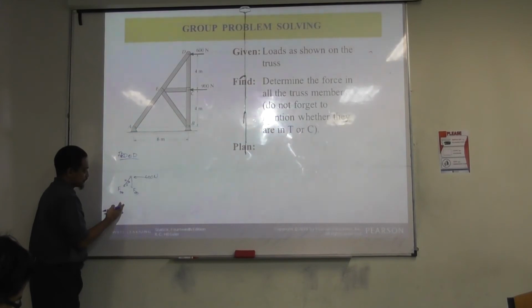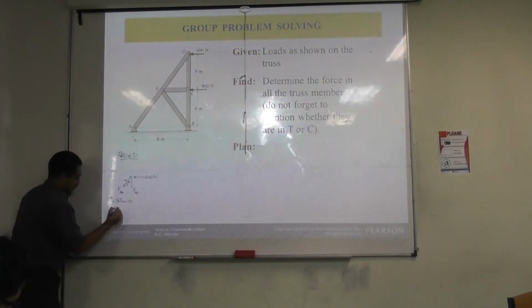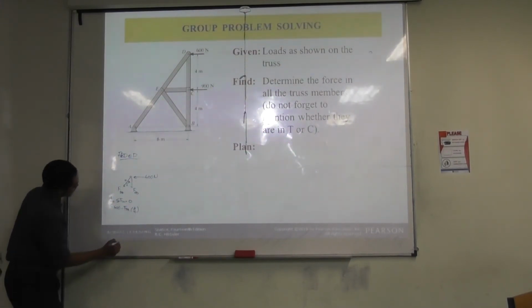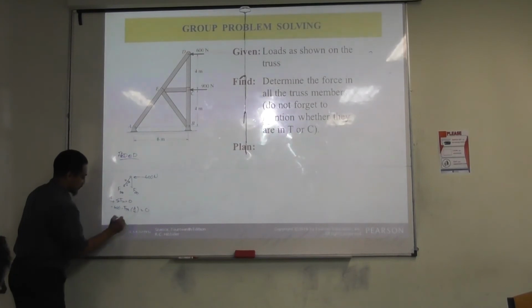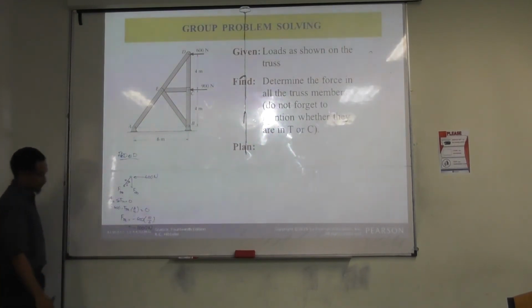How to solve? Summation of Fx equal to 0. If you take positive to the right, you get minus 600 minus FDE 6 over 10 equal to 0. So FDE will be minus 600 times 10 over 6, which is minus 1000 Newton.